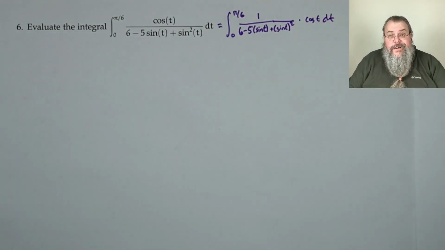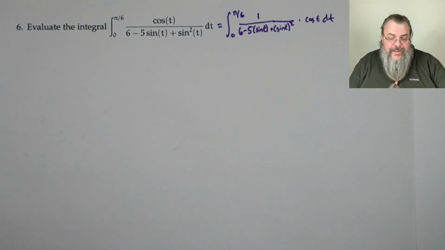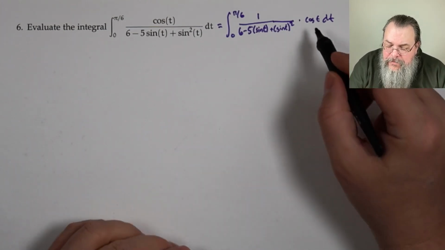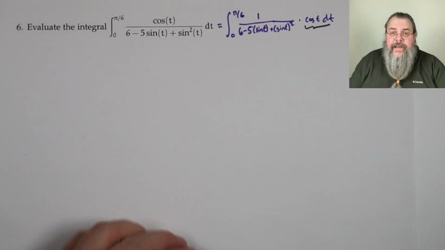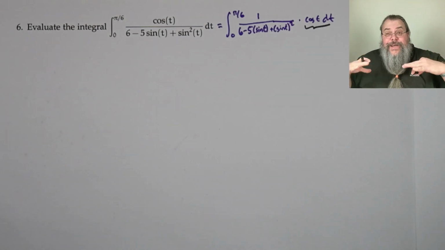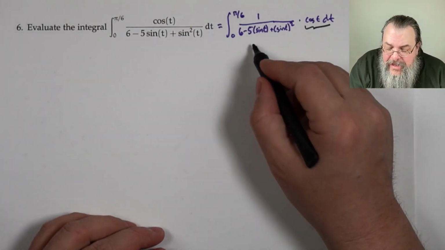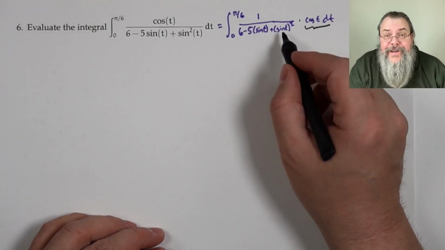Since you say it like that, that's suggesting something. What is it suggesting? If we think of this cosine t dt, that could be our du. Notice, the derivative of what? Derivative of sine.